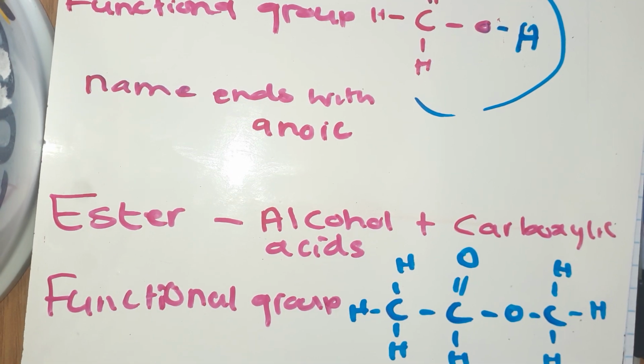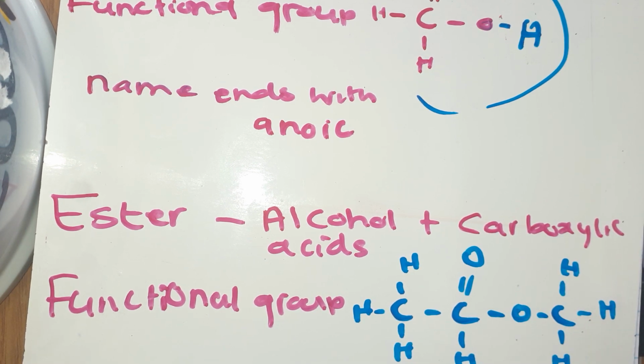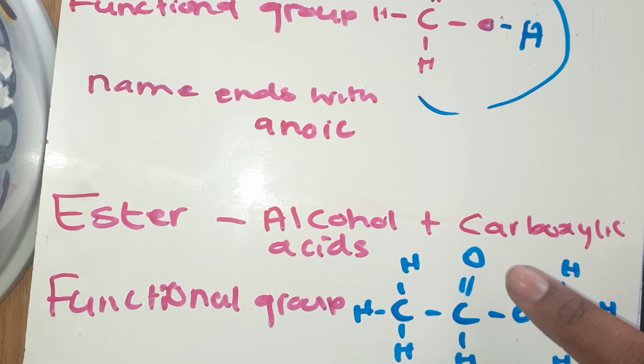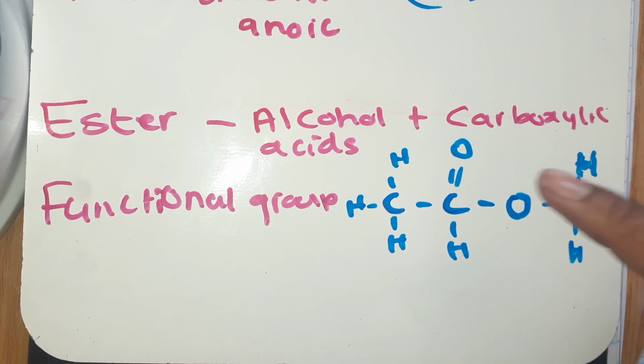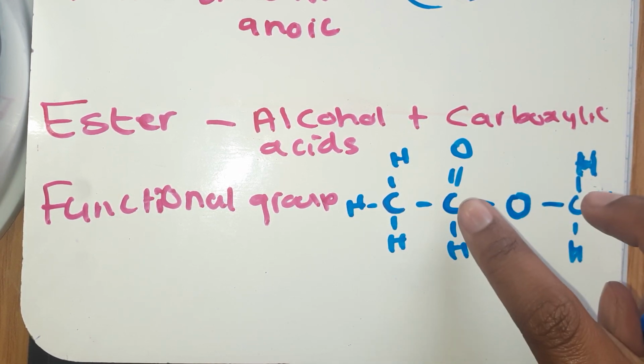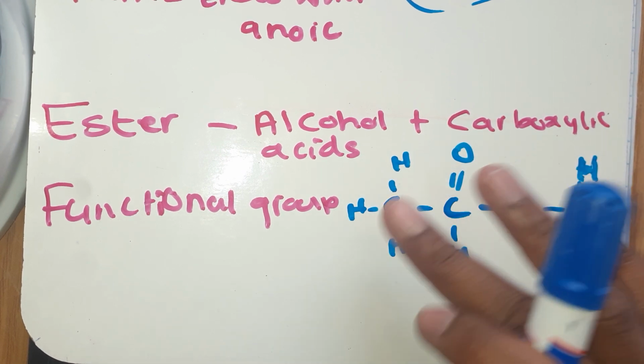And then we have esters. An ester is when you take your alcohol and your carboxylic acid and combine them, you are going to get an ester. For carboxylic acid, remember, there is a double bond O, and with esters, you're going to have a double bond C and a CO. So this is how you know that this is an ester.